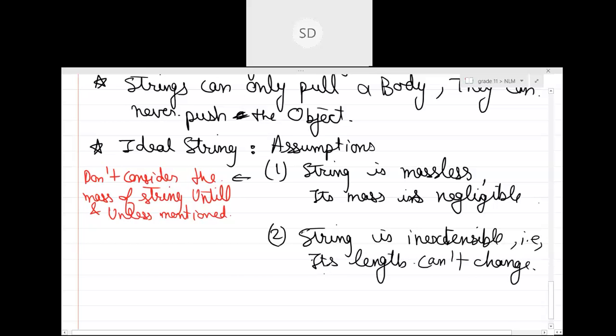Are you getting my point? So its length can't change. Inextensible.